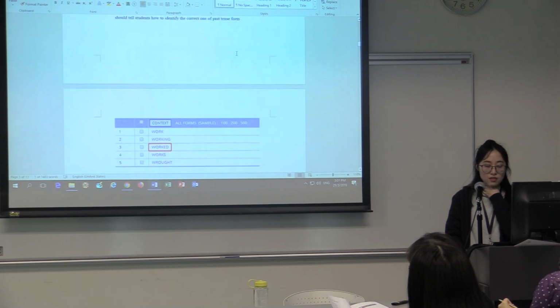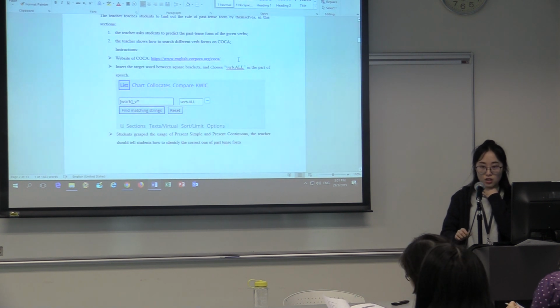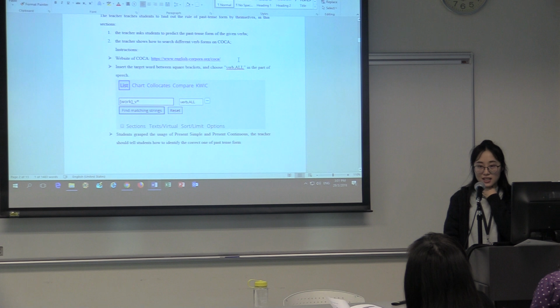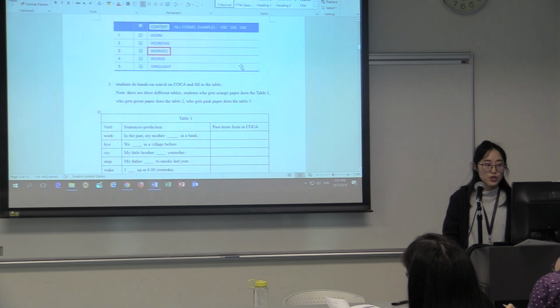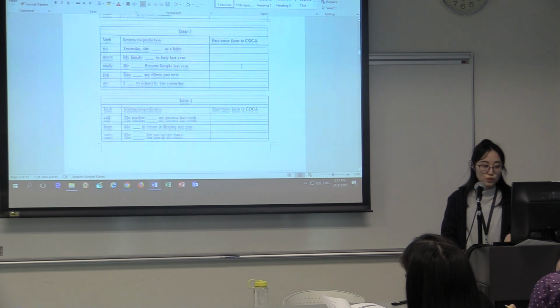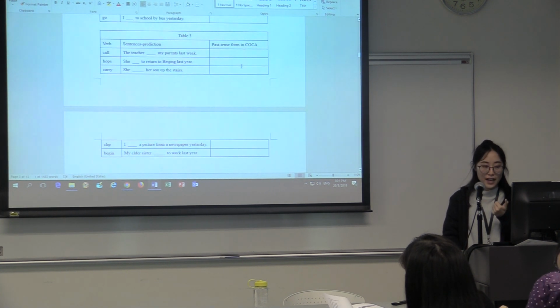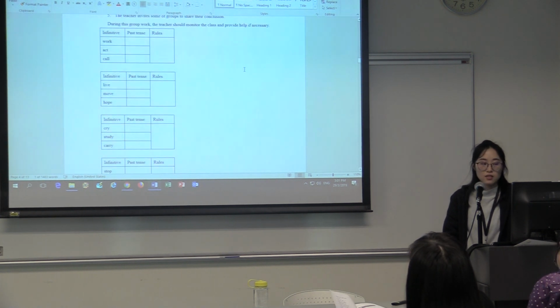Before this activity, I will ask them to make a simple prediction, and then they can search on COCA by themselves. After that, the students can share their findings and answers with their group mates, and then they can fill in the blanks to discover the rules.